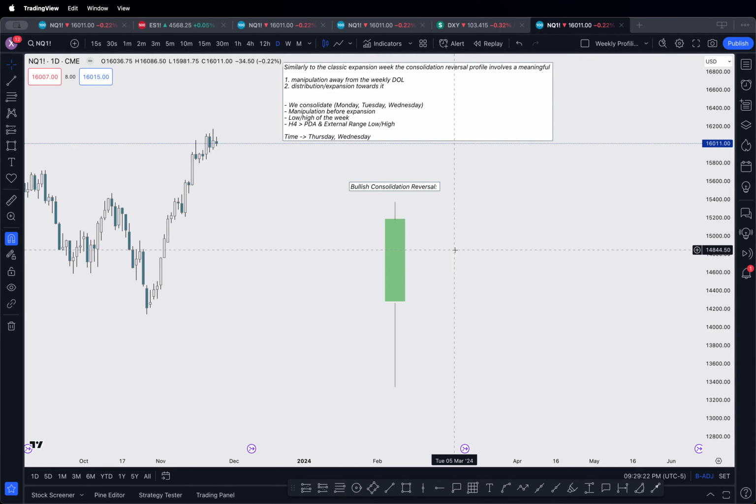Thursday, Friday. Tuesday, Wednesday. Fantastic. Thursday, Wednesday, for either midweek reversal or consolidation reversal. From now on, we'll use the terms that ICT does, in case you guys want to do some more studying. Consolidation reversal, we'll call Thursday. Midweek reversal, we'll call Wednesday. But it's the same thesis. So on Thursday, how much time do we have left for the weekly candle to form?